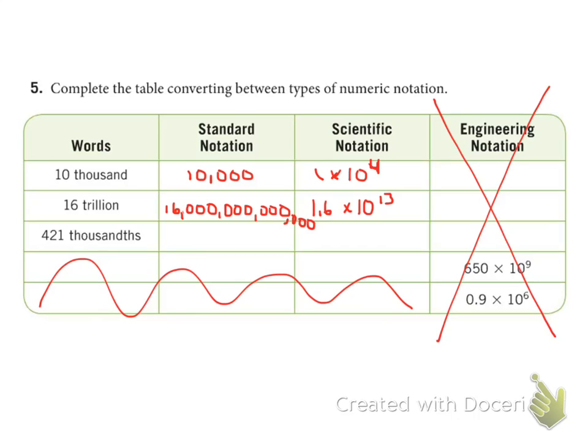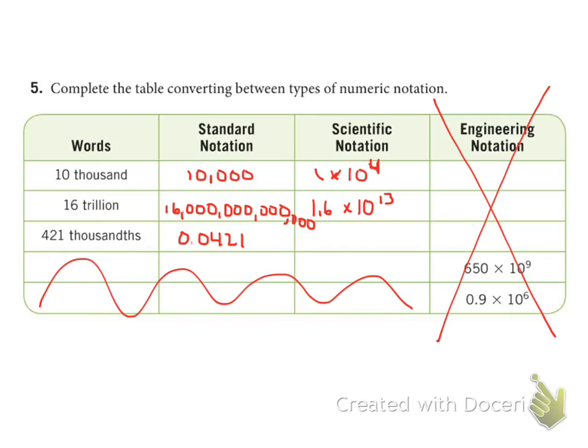421 thousandths. How do you write that in standard notation? 0.421, agree? Let's see, the first position would be tenths, the 4 would be hundredths, the 2 would be thousandths. Yeah, so shouldn't it be 0.421?